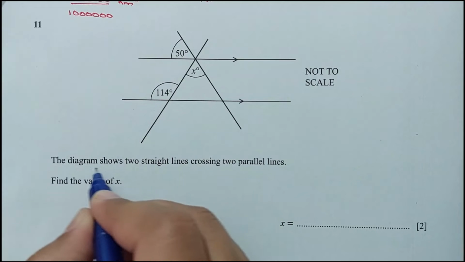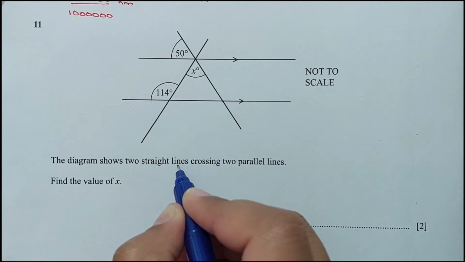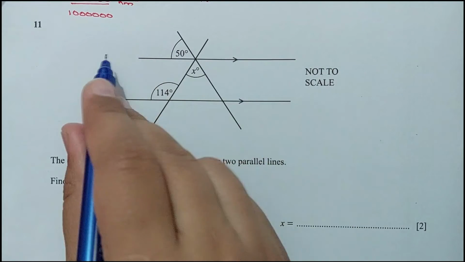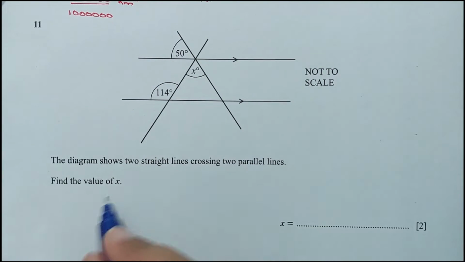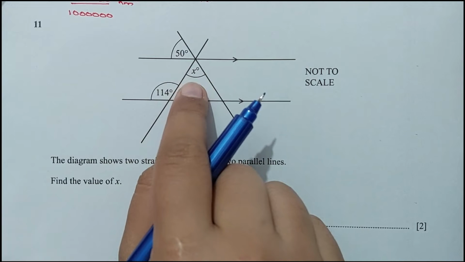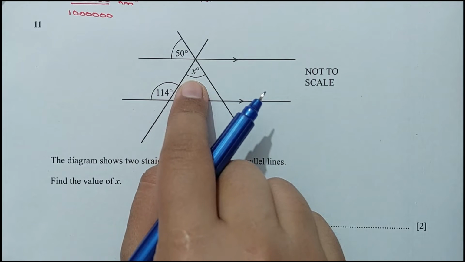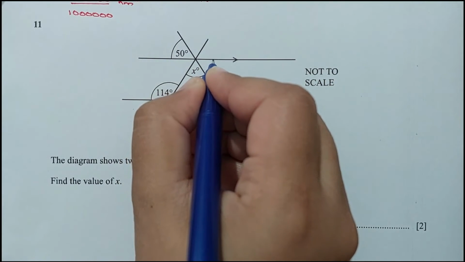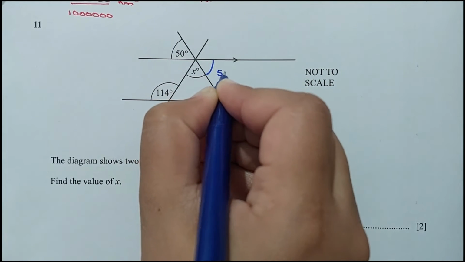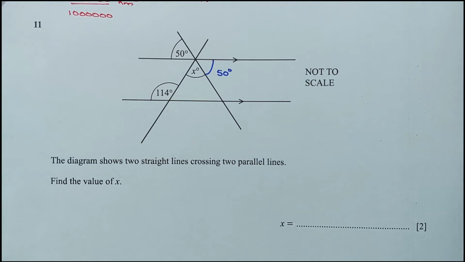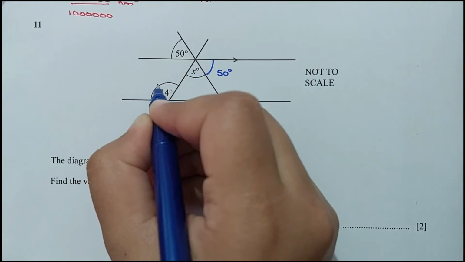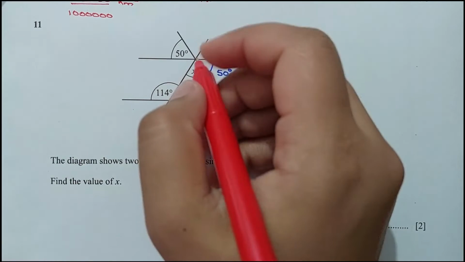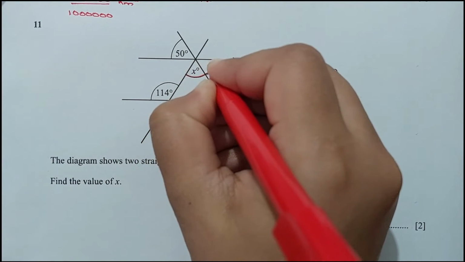Question number 11, the diagram shows 2 straight lines crossing 2 parallel lines. These are the 2 straight lines and these are the 2 parallel lines. Find the value of x. Okay, so we can say these are 2 alternate angles, 50 and 50, both are the same. This is also 50 degrees, right? And this angle is 114, and this whole angle is also 114, corresponding angles.